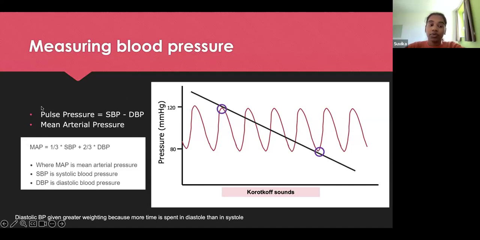Also, don't confuse it with mean arterial pressure because it's not just an arithmetic average. You actually have to work out a third of your systolic and add it to 2/3 of diastolic. The reason we do this sort of proportion is because you're spending more time in diastole rather than systole. So these fractions represent that weighting in time.